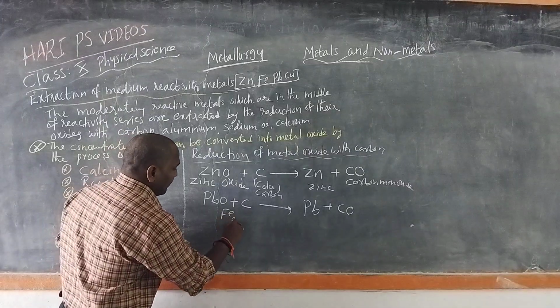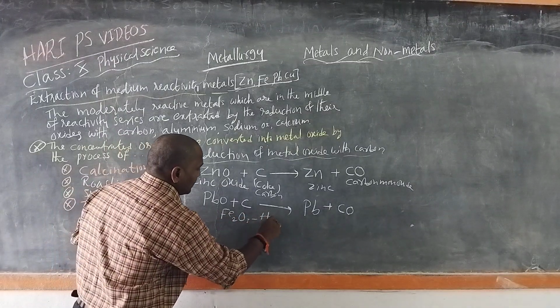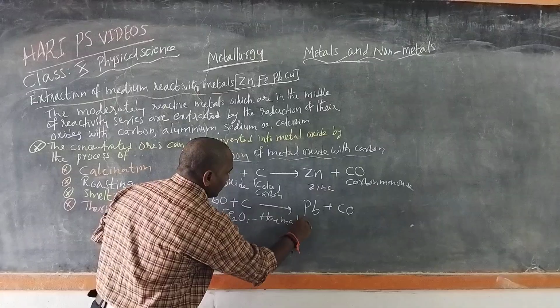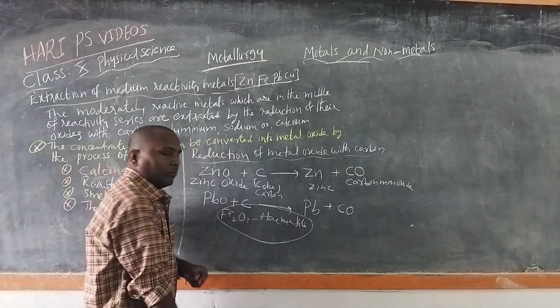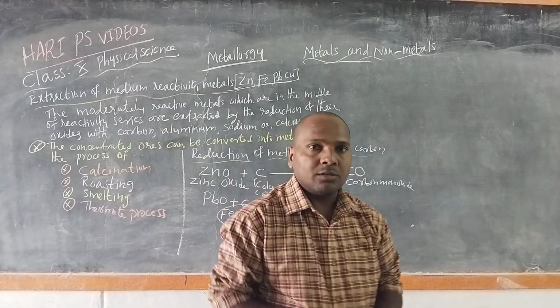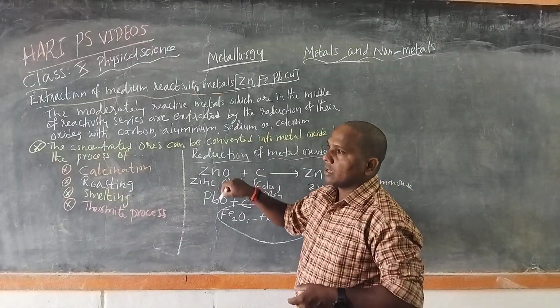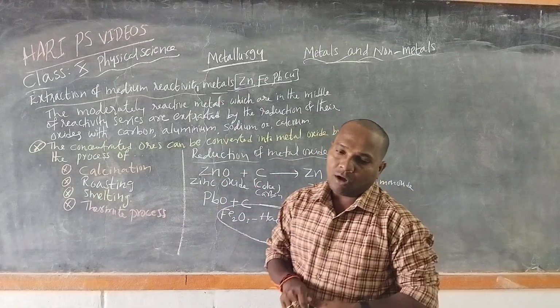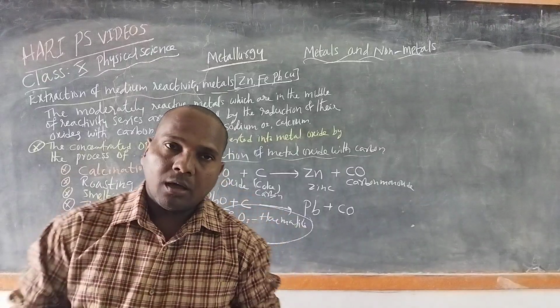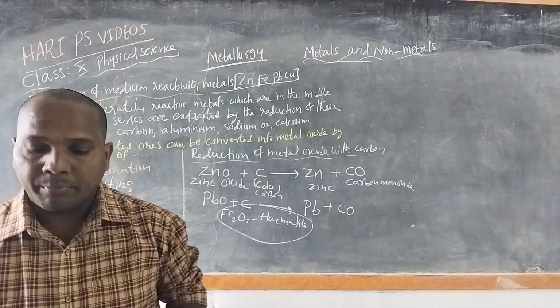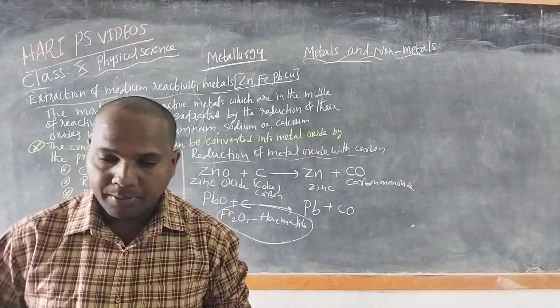Hematite, Fe2O3, is an ore of iron, which is also reduced by carbon. So zinc oxide, lead oxide, iron oxide, tin oxide and copper oxide are all reduced by carbon.